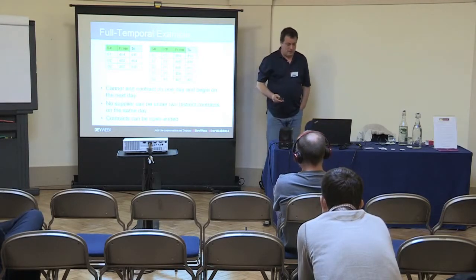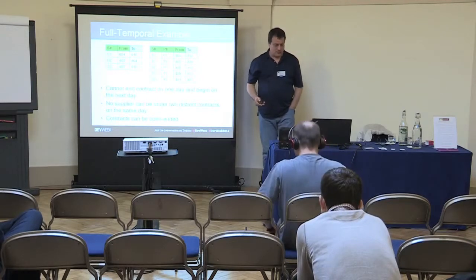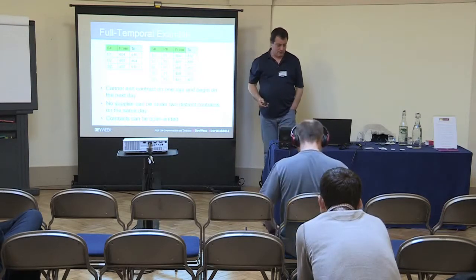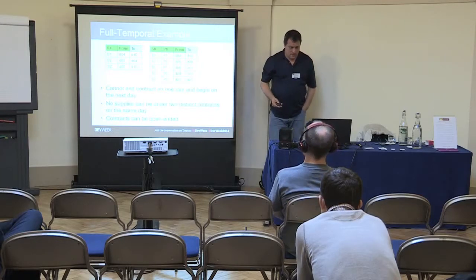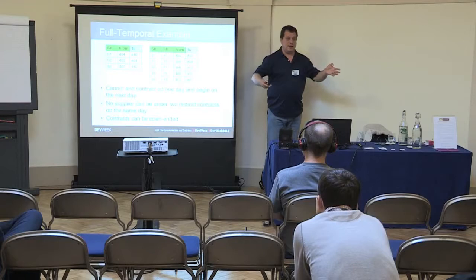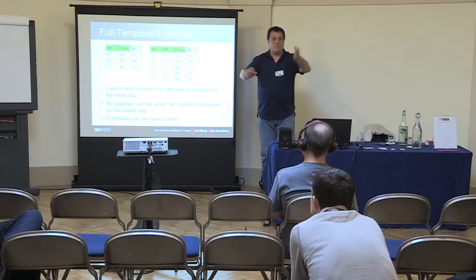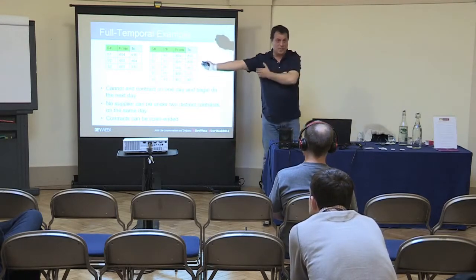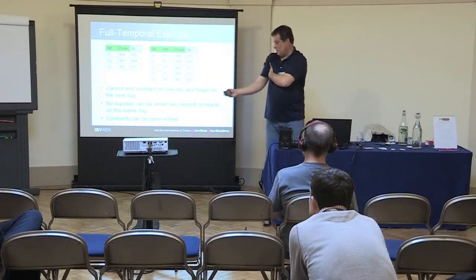And then there are additional constraints that pertain to these temporal propositions. So for example, and this is the part when I said I don't mean that you need to implement all of these constraints, but these are possible constraints in this temporal data.